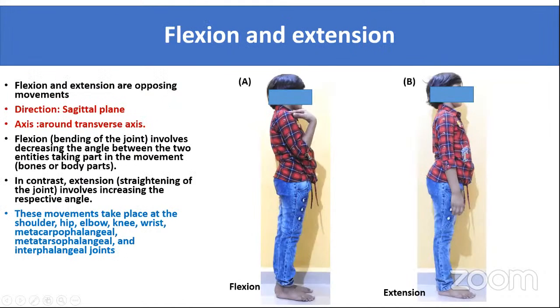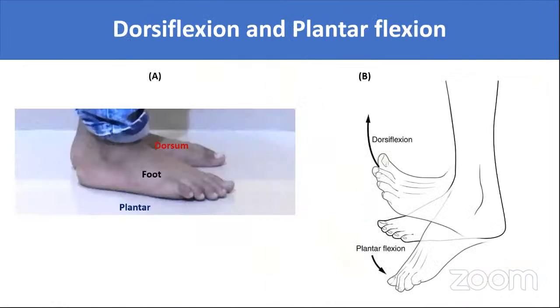But in the foot region, this upper part which you see with your eyes is called the dorsum, whereas the sole part which is facing towards the ground is called the plantar. So the foot's upper part is called the dorsum and the lower part which faces the ground is called the plantar.